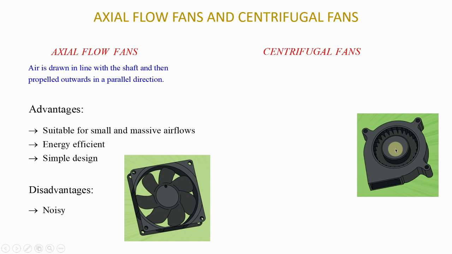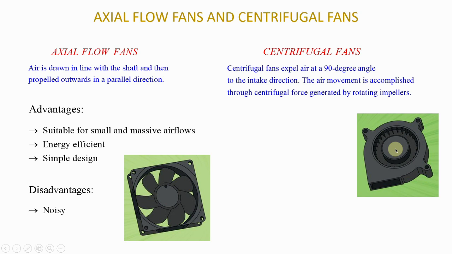Okay, and the way it works is that the centrifugal fan will expel the air in a direction that is 90 degrees to the intake direction. So if the air is coming in horizontally, it may be expelled in a direction that is perpendicular to that horizontal line that the air came in with.